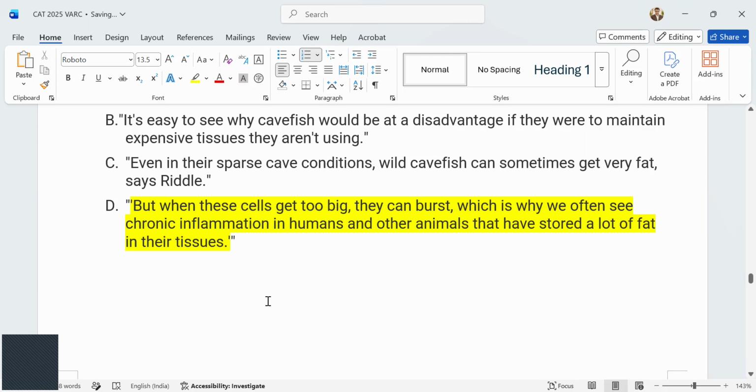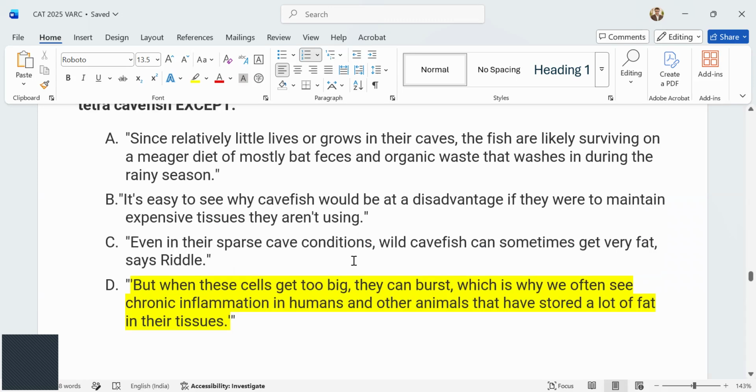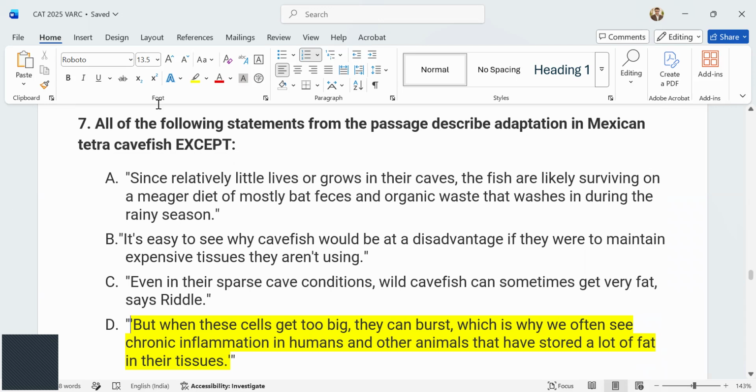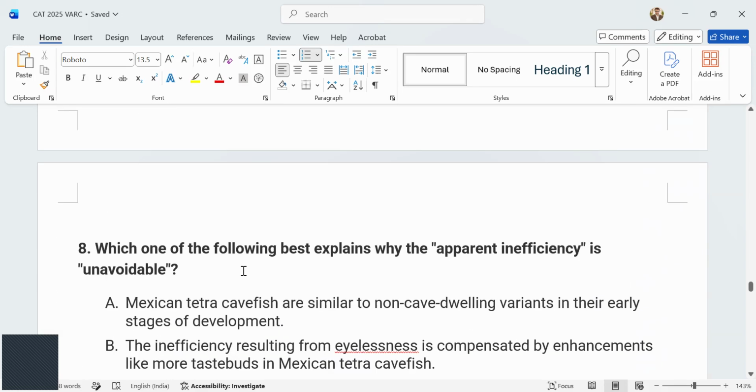It is talking about general biology, about humans and other animals, and how fats result in chronic inflammation. So this option is an exception, and it is not describing adaptation in Mexican tetra cavefish. So I have marked it, right?